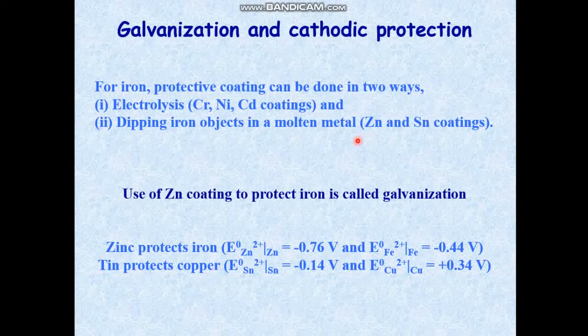That means if you want to galvanize iron, then you have 2 options. One, in the molten zinc you can dip the iron object, or secondly you can electroplate the iron object with the help of zinc solution. So these are the ways you can galvanize iron with the help of zinc.